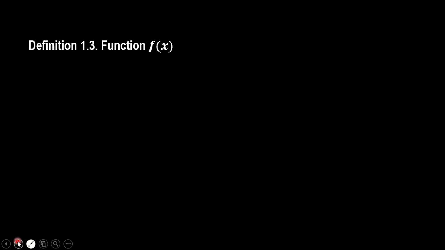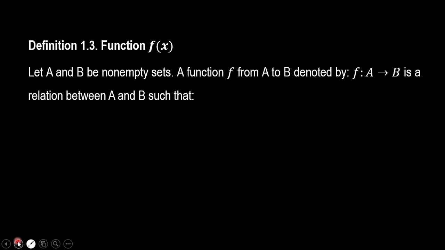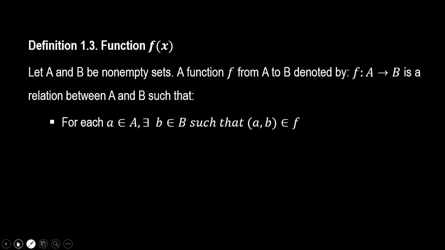Now, let's have the definition of the function. Okay, so with the definition of the function, let A and B be non-empty sets. A function f from A to B is a relation between A and B such that for each a that is an element of A, there is a b that is an element of B such that the ordered pair (a, b) is an element of f.